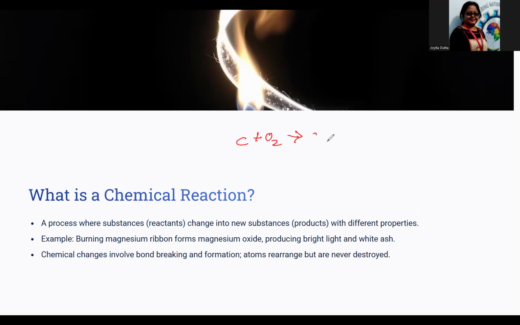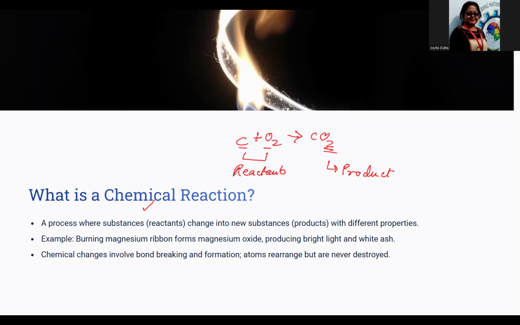Those which are reacting are known as reactants, and what is being formed is known as the product. So there are reactants and products with various properties.